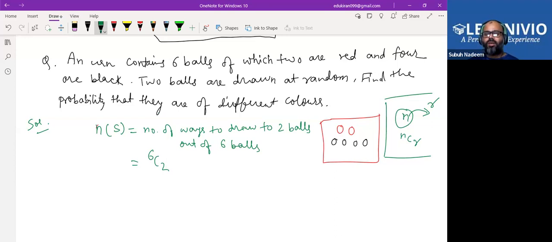Next, they are saying find the probability that they are of different colors. So the number of elements in the event E, that is, they are of different colors. How can you find the number of elements here? If you want to select 2 balls of different colors, one red and one black, what will be the number of ways for that?